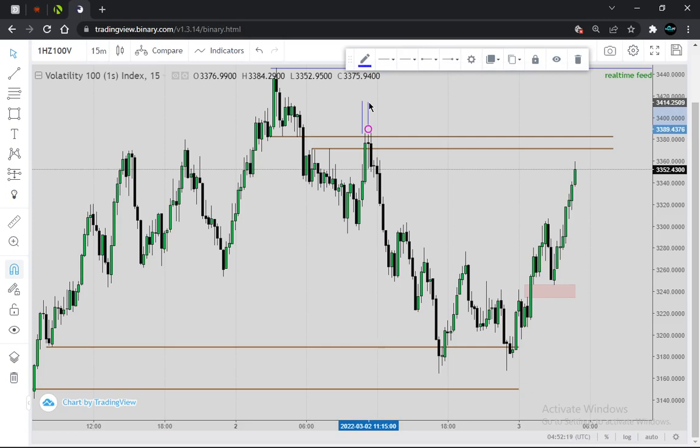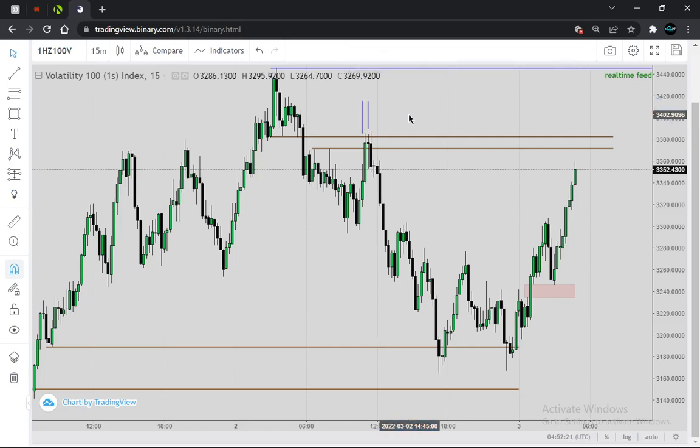That's where my kill zone is. So what I do, it's not a specific time. There is no specific kill zone where this is it, this is it. No, each and every hour has got a kill zone.